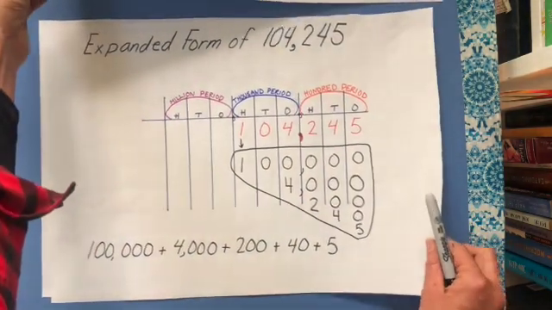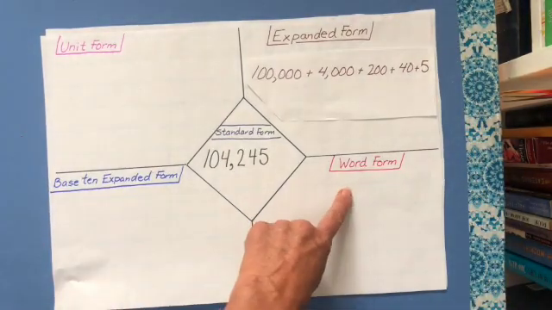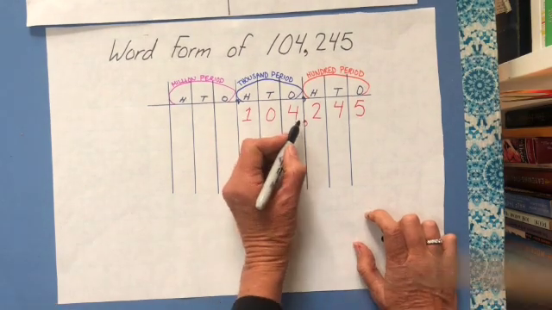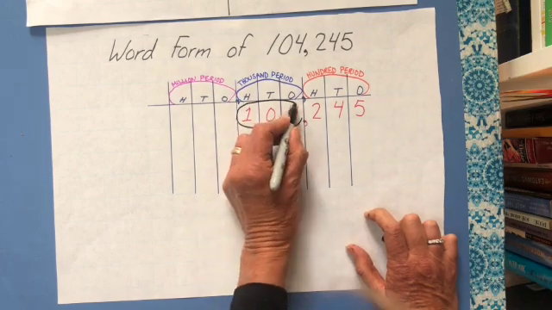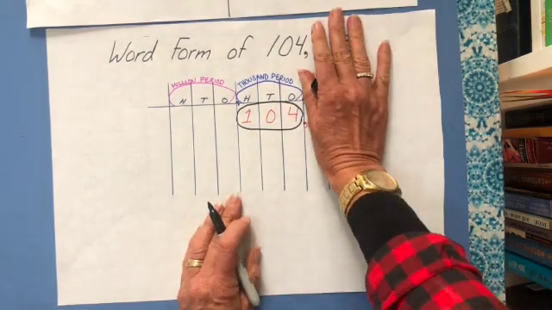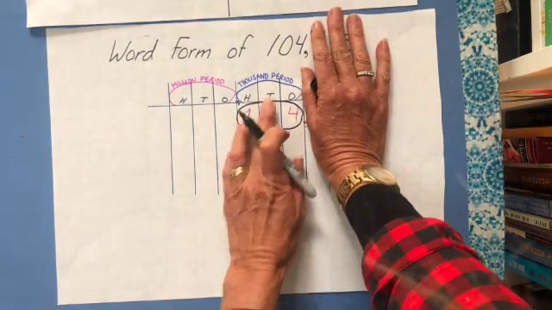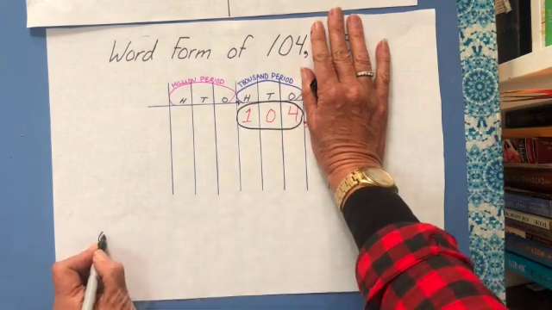Now let's find the number in word form. When you're doing word form, what you want to do is just look at the first 3 digits and pretend like these don't exist. So what I'm going to do is write this like I would in 3rd grade. That looks like 104.